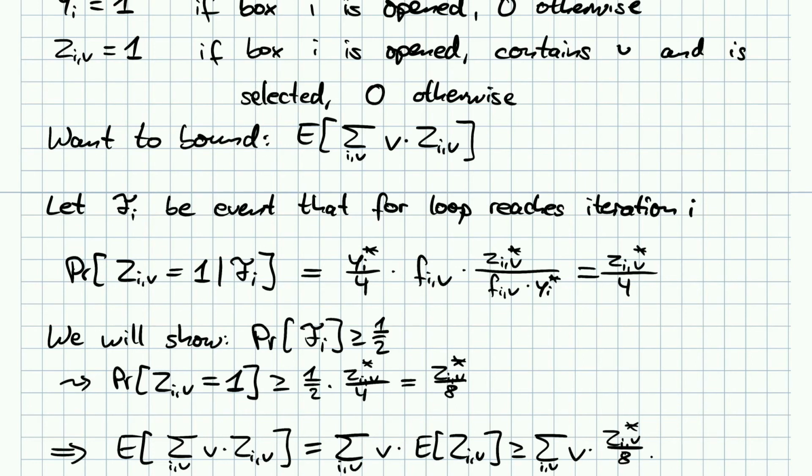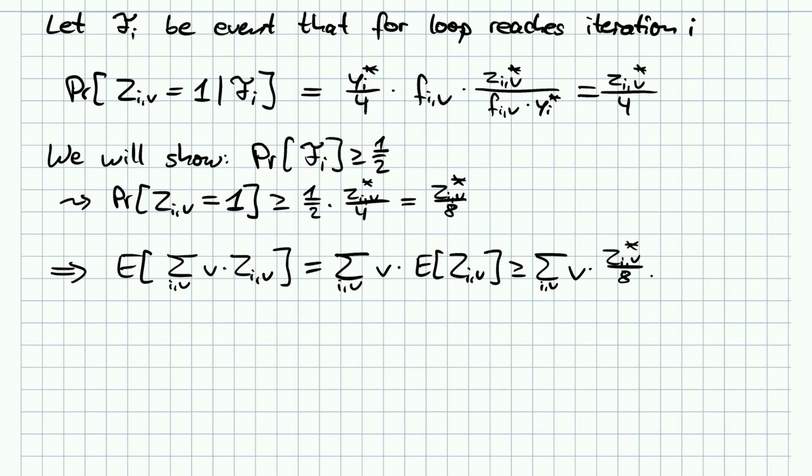And this is exactly what we claim. So all we have to show is that this bound holds. That the for loop reaches iteration i with probability at least a half. And how do we do that? Well, when does it happen that the for loop does not reach iteration i?